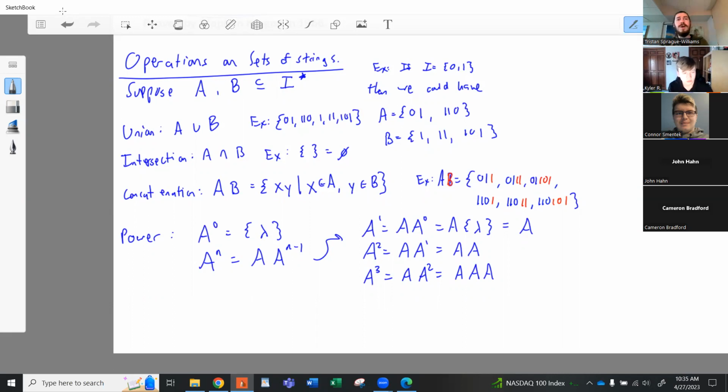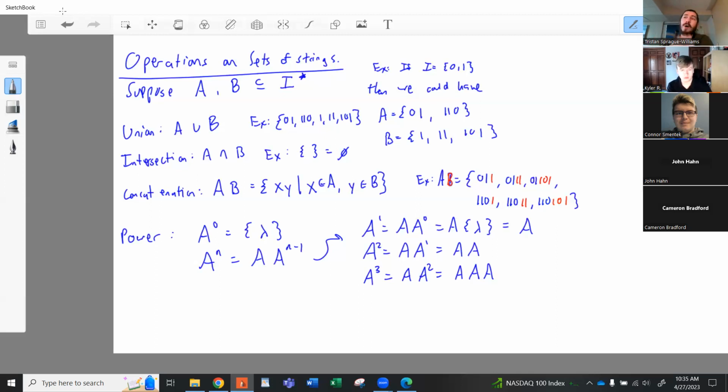Like if you have A to the power 4, it's all of the possible strings you can get by taking 4 strings from A and concatenating them together. And it could be the same exact string chosen 4 times, or it could be 4 distinct strings, or some combination thereof. Okay. So that's the power function.